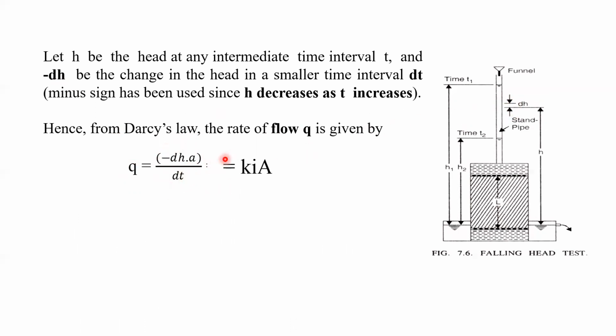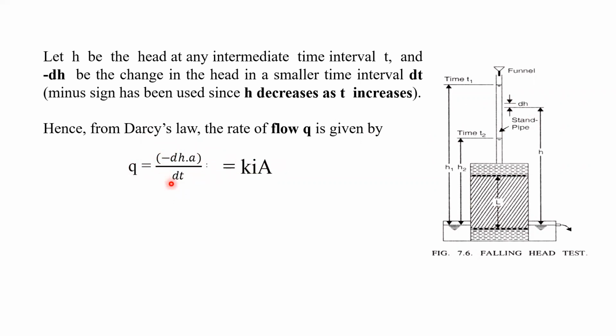Discharge is in cubic meter per second, as we have seen in the constant head method, where we wrote Q by t. Here we write minus dh into a, the cross-sectional area of this stand pipe, so height into area is the volume, divided by time. This will be equal to kia.